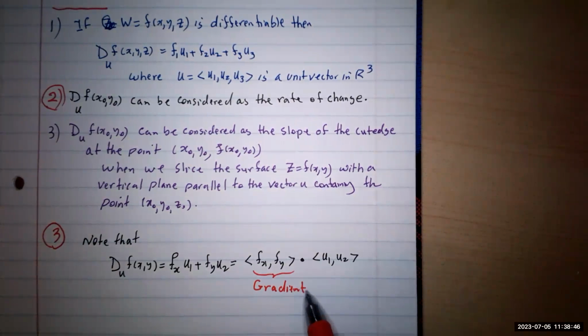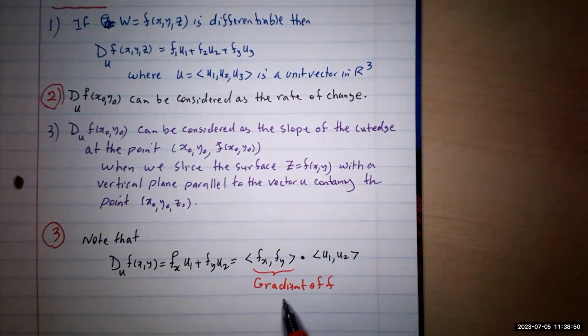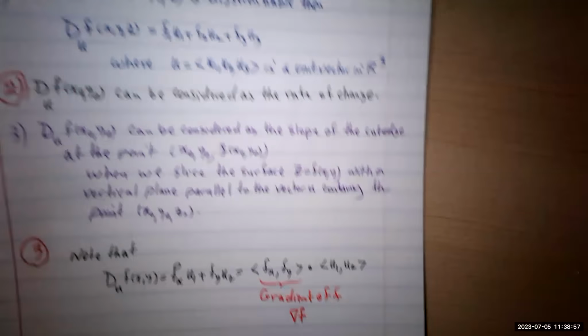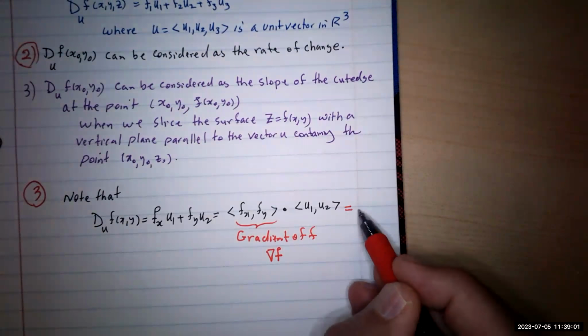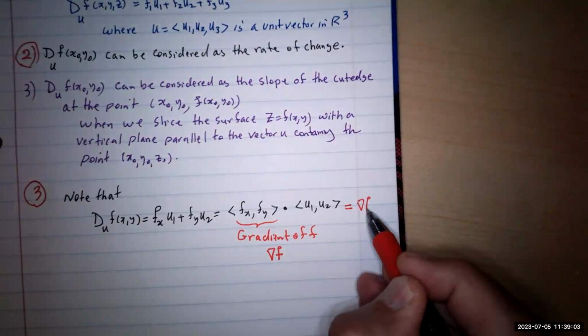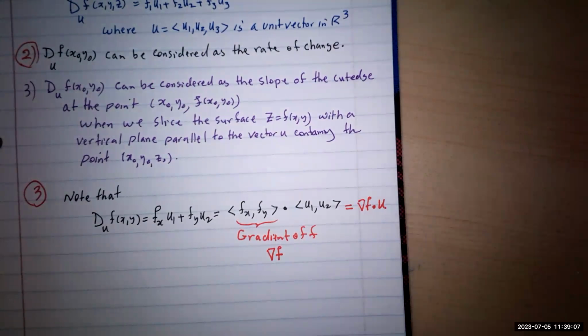The gradient of f has a special notation, del f. So the directional derivative is simply the gradient of f dotted with the unit vector u. This is going to be a short version of the definition.